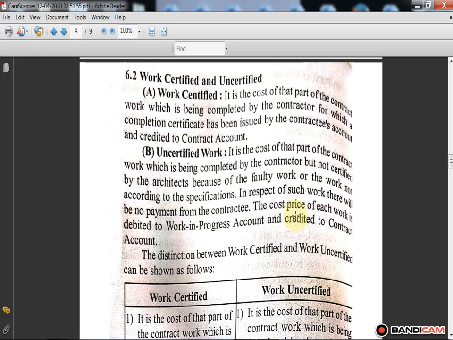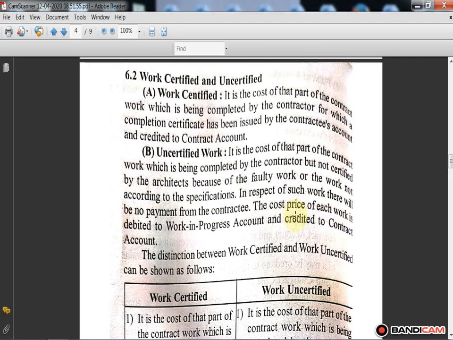So work uncertified means the work has been completed by the contractor but the certificate was not issued by the architect because of faulty work or work not according to the specification.